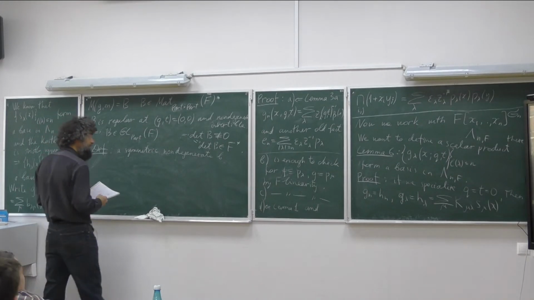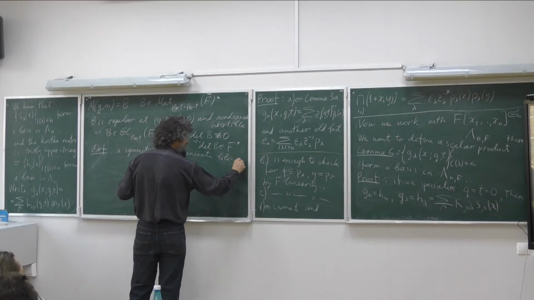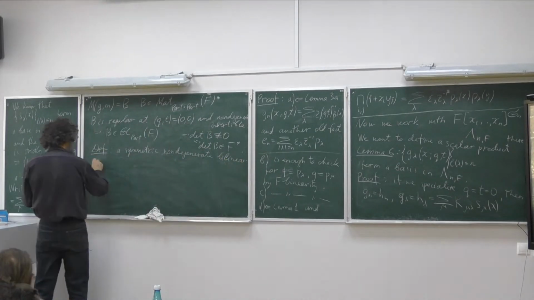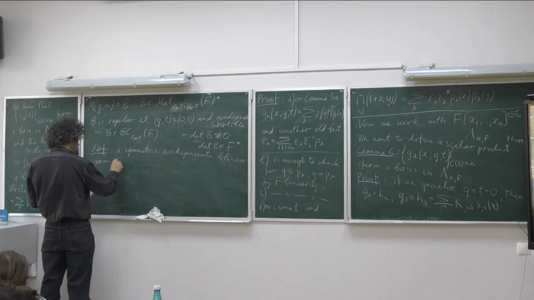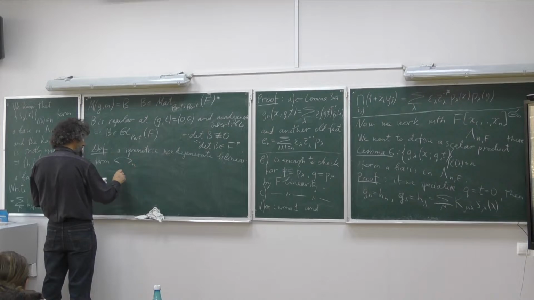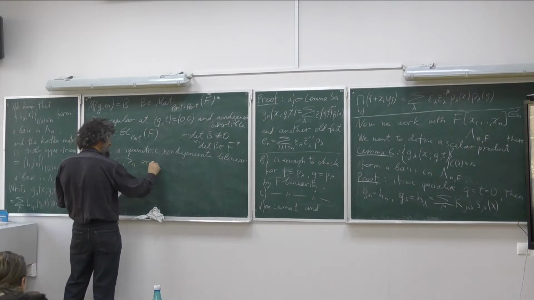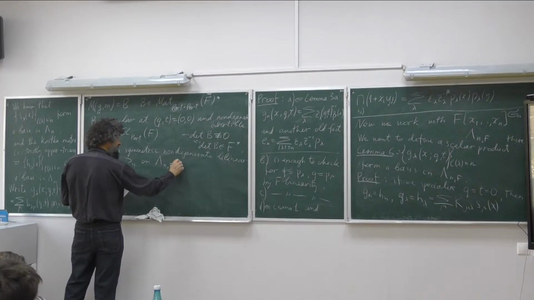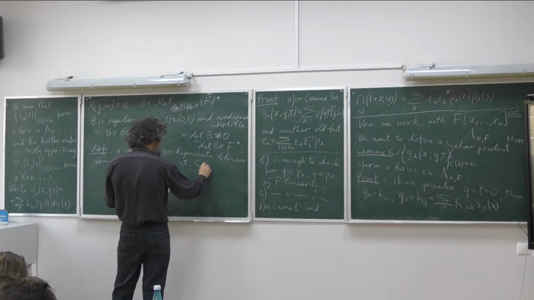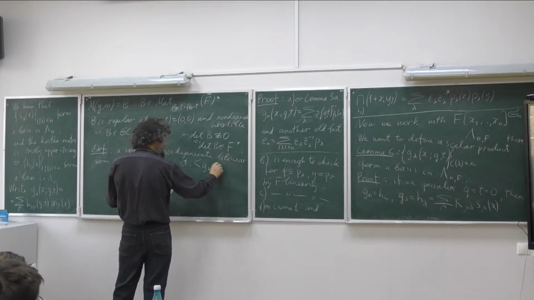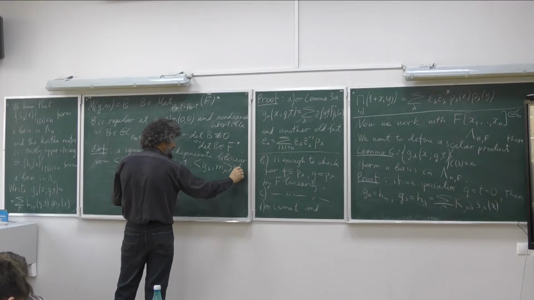So it's a non-degenerate bilinear form, with subscript n, on lambda and f, such that g lambda forms a dual basis to the monomial basis m mu.